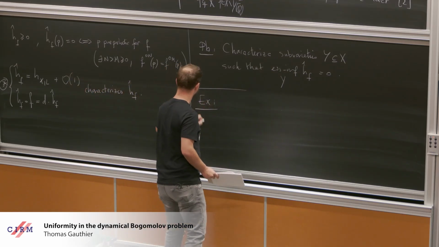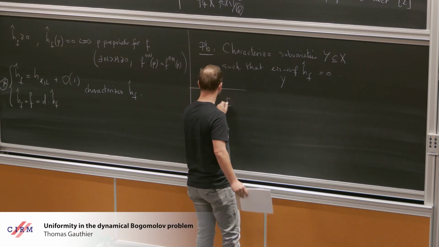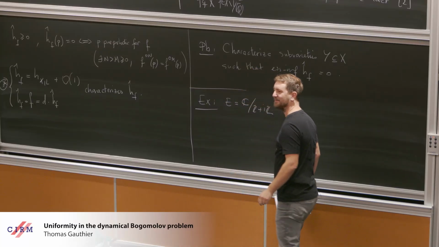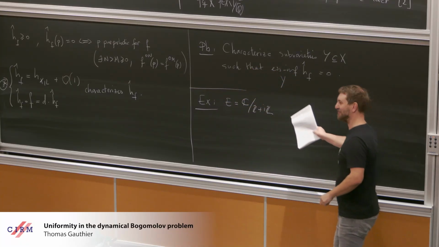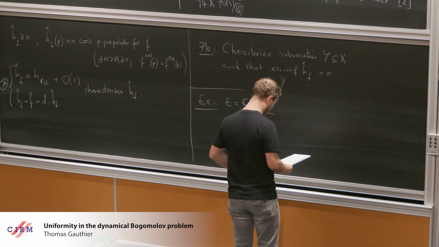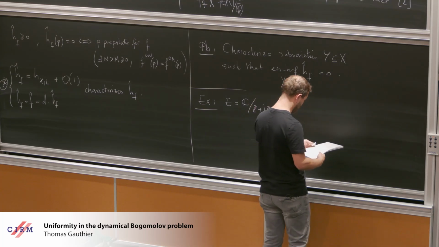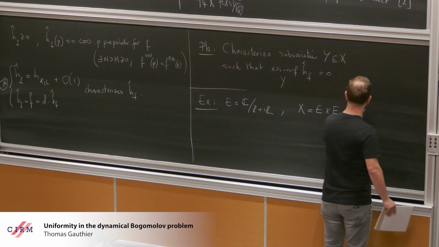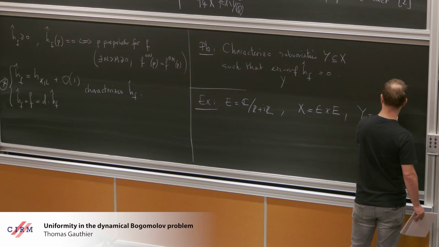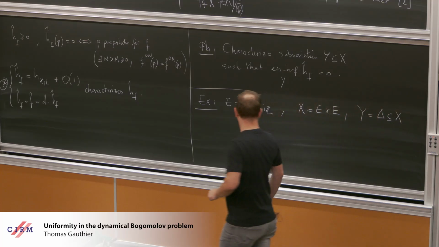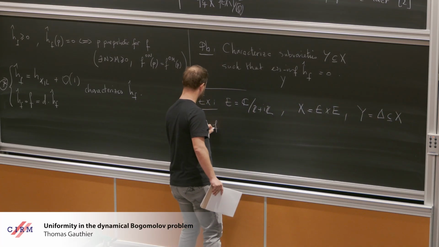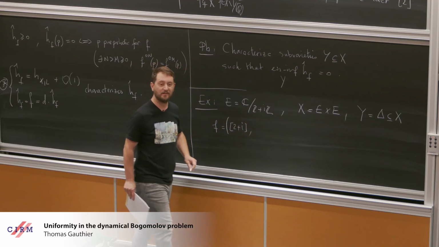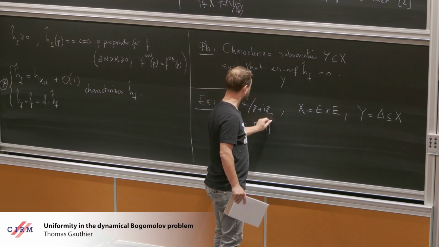So what is the example? You take E to be, yeah, my complex geometer side is coming back, no, it's over the complex. It's defined over Q, so it's okay. You take this elliptic curve, and you look at X to be E times E, and Y to be the diagonal in X. And the map that you are looking at is multiplication by 2 plus i on the first factor, and multiplication by 2 minus i on the second factor.